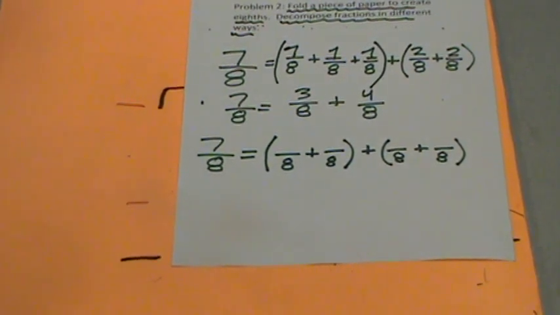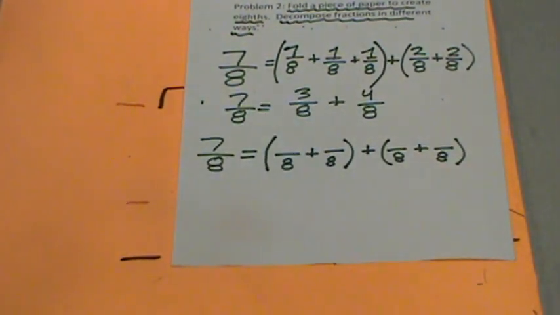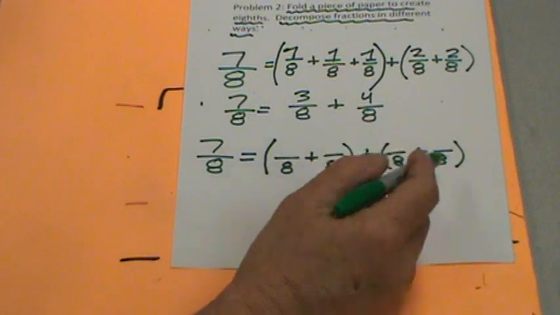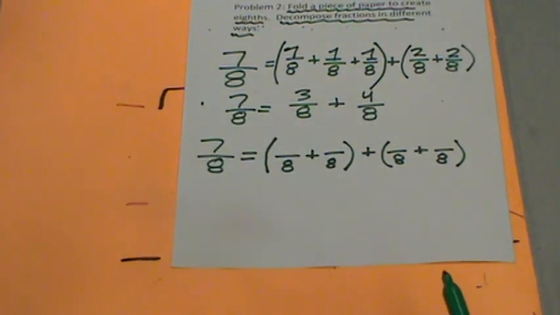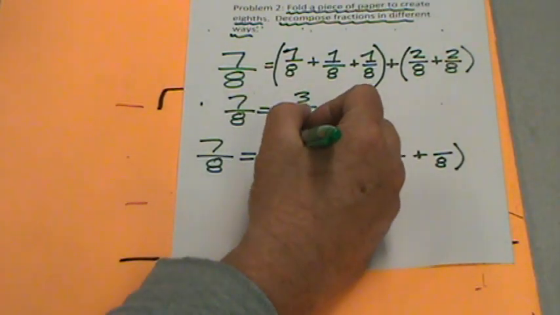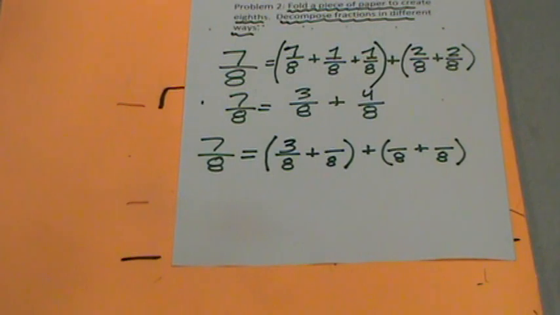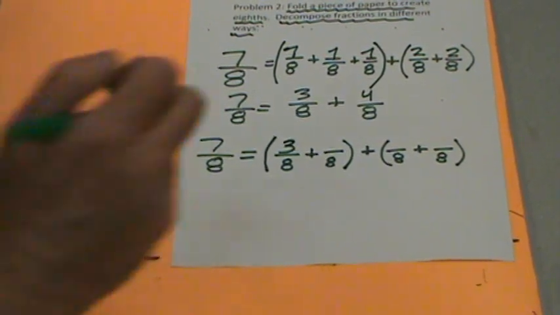Have any ideas? We know that this top row has to equal 7, right? So think about what we could add to equal 7. If you're stuck, maybe you want to put a 3. There's a couple of different variations of this. 3, maybe? Plus 1.